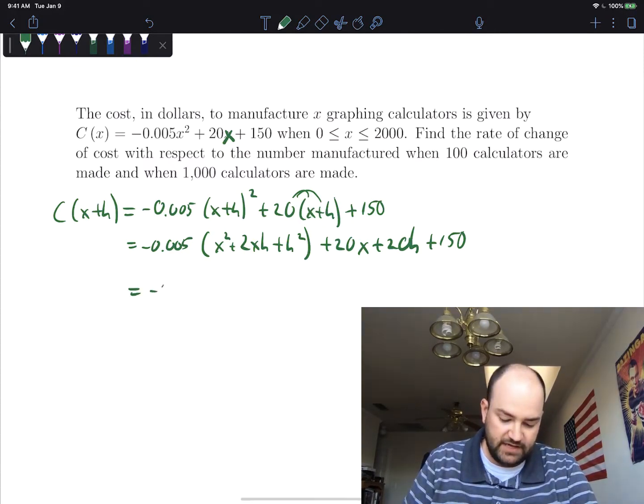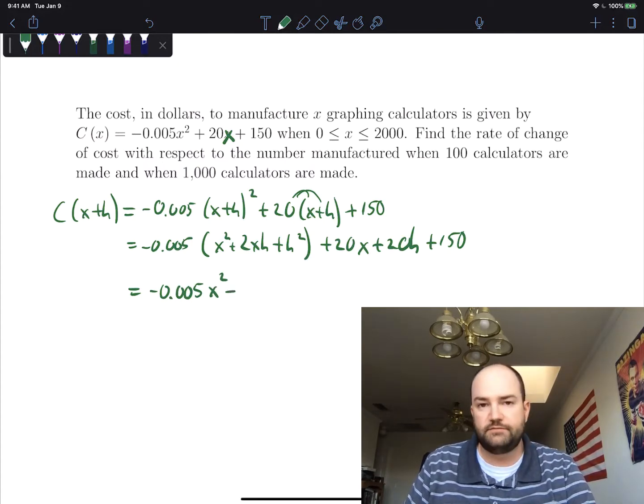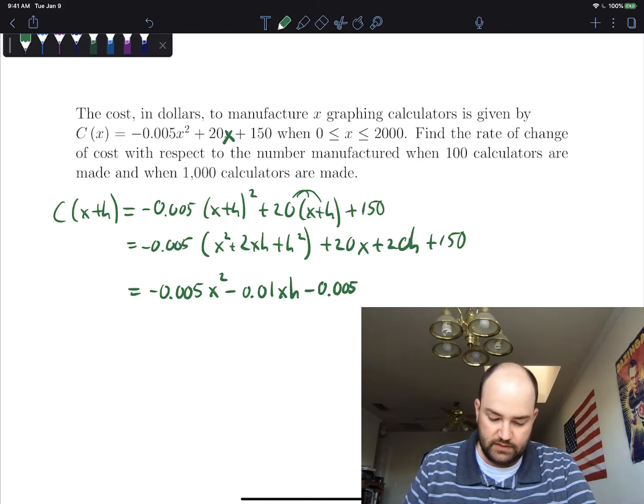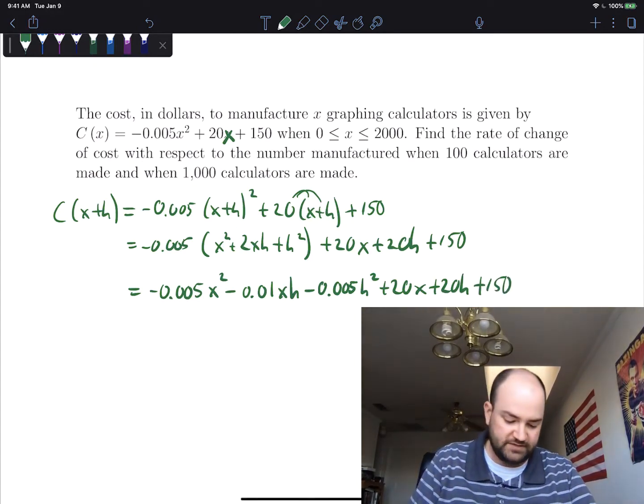That's going to give us negative 0.005x squared minus, now 0.005 times 2 is 0.01, so minus 0.01xh, and then minus 0.005h squared, plus 20x, plus 20h, plus 150. Awesome. So here is the C of x plus h.